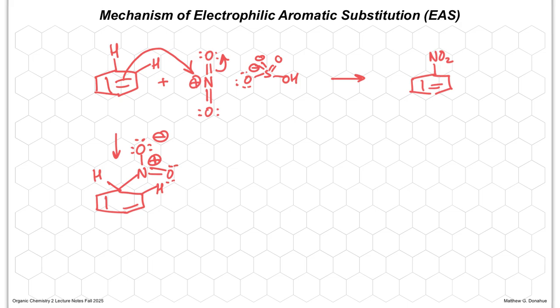But we still need to keep track of this plus and this minus, because that hydrogen sulfate minus is still hanging around. Which means that we have to put that plus somewhere. So because I bonded the nitro group to that carbon has 4 bonds, meaning that the carbon next door has 3. So the plus charge has to be there. It's now electron deficient.